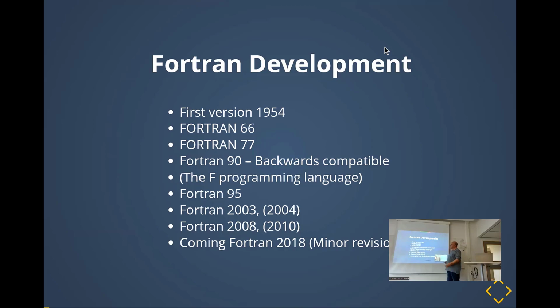Then we have Fortran 2003, which is a major update where they start introducing object-oriented stuff into the language. And there is a Fortran 2018, or I'm not sure if it was released then, but I think the numbers here will change. But it's a continuously developing language, even if it has many years. It has a very long history.